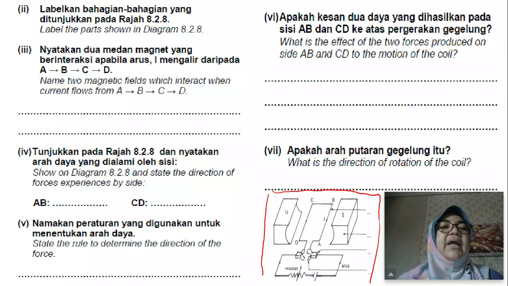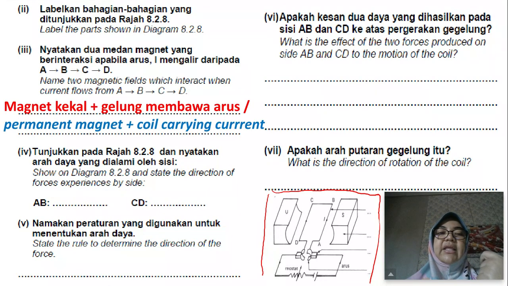Okay. And number three, name two magnetic fields which interact when current flow from A, B, and C. Okay, the two magnetic fields that interact is the magnetic field from the current carrying conductor, and the other one is the permanent magnet.